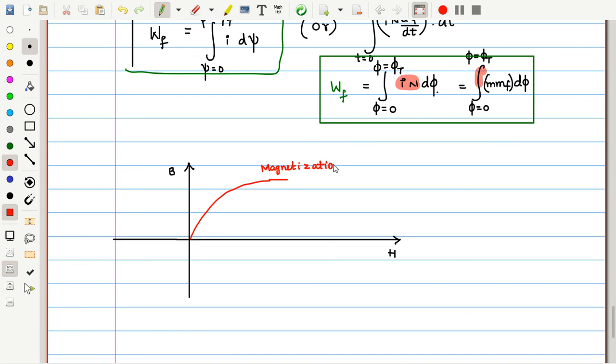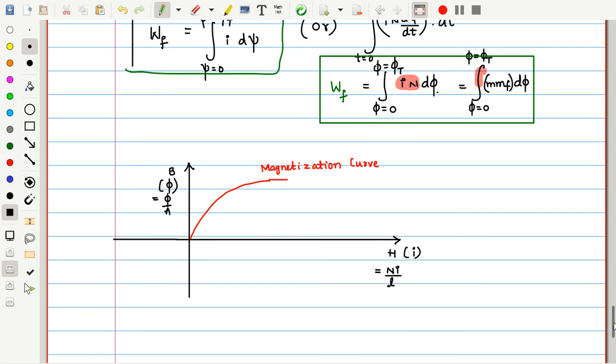So this can also be called the magnetization characteristics, the magnetization curve. What does this magnetization curve represent? Flux density as a function of flux, and field intensity as a function of current. Why? Because flux density can be written as flux per unit area, and field intensity as Ni by L. So these are functions of current and flux.